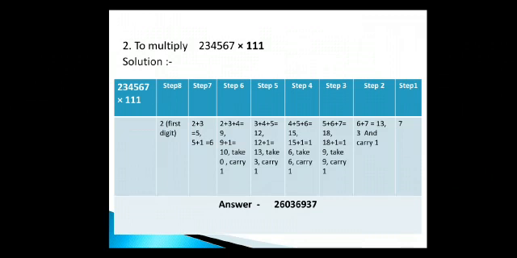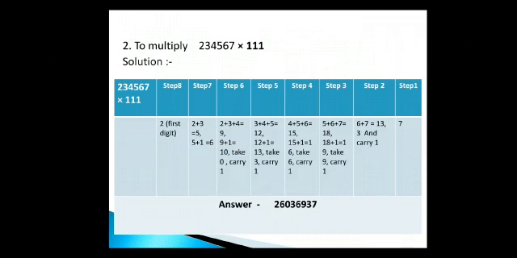We write 3 and take carry as 1. In step 3, we add 5 plus 6 plus 7, that is 18, and the carry was 1, so 18 plus 1 is 19. So we take 9 and carry 1.